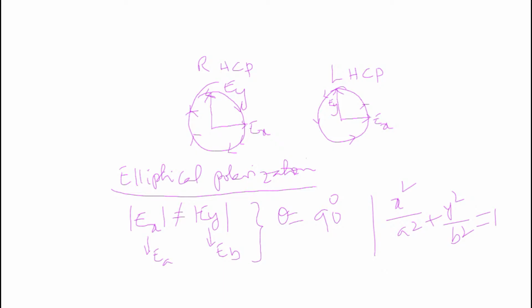So now we will prove that, according to the definition, we get the ellipse equation. Ex and Ey are both present, and they are not equal in magnitude.